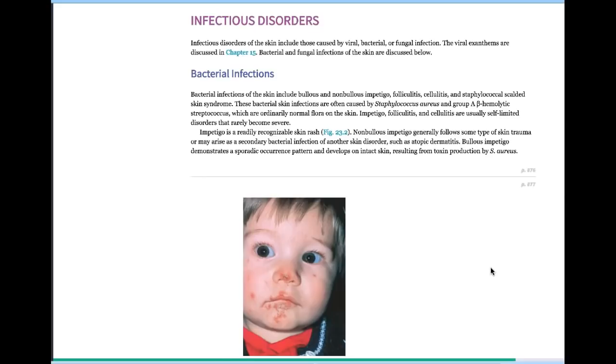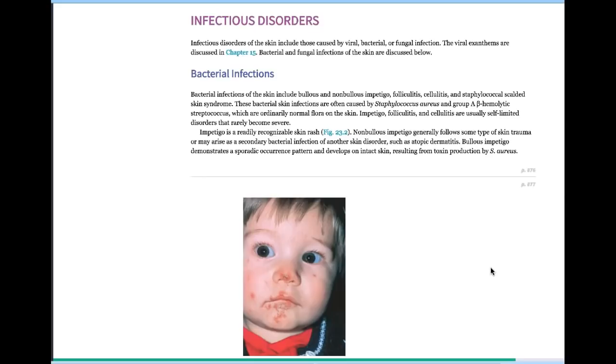This is a fairly bad case of impetigo. Whenever you see the words honey-colored crust, think impetigo. It's usually on the face and the nose, but you can self-inoculate anywhere. I've seen it on the legs before, and it's basically a staph infection. Now, for a mild case, they try to treat with a topical antibiotic.